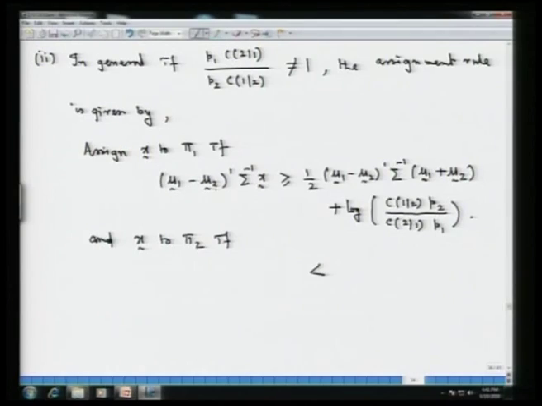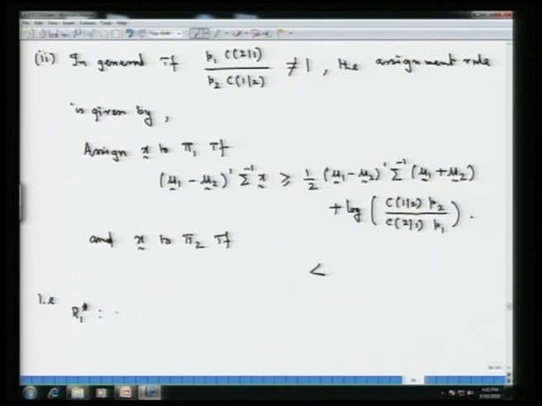So, if we have got the partition that we are looking at, the assignment rule is x to pi 1 if mu 1 minus mu 2 prime, this is greater than or equal to the right hand side here, and x to pi 2 if the left hand side is less than the right hand side here. That is the partition that we get for a general setup wherein we have this ratio here not equal to 1, that is the R 1 star region, which is different from the region R 1 that we had got earlier.